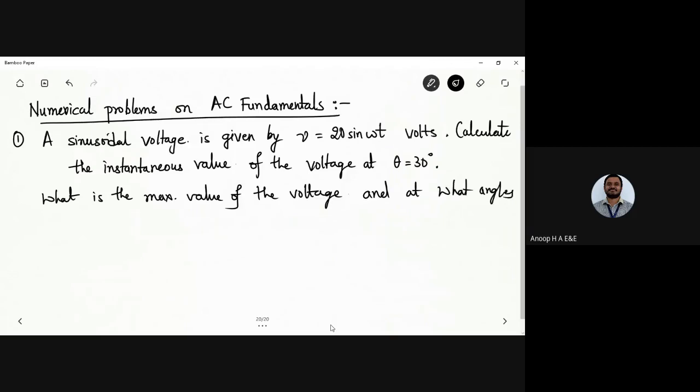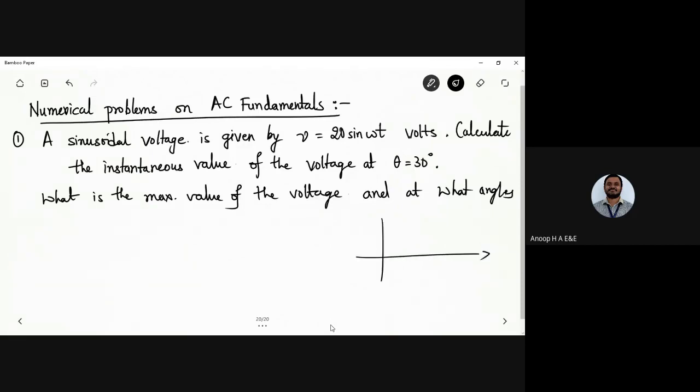This is a question which is quite simple to solve. If you are good with your basics of mathematics, it would be quite simple to solve a problem like this, that is V equals 20 sine omega t volts. Calculate the instantaneous value of the voltage at theta equals 30 degree.